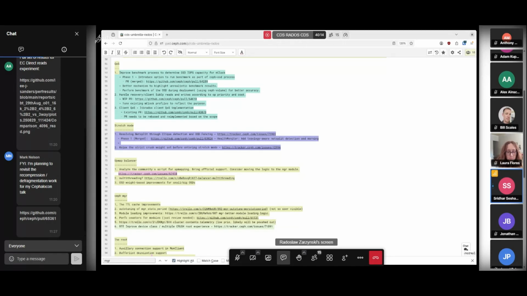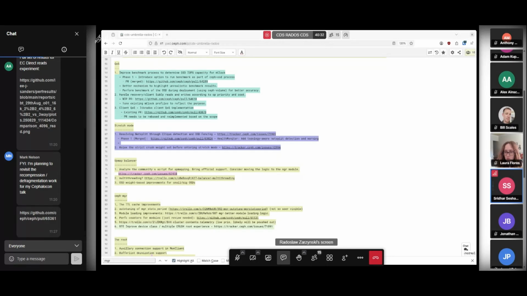We basically want to improve the benchmarking process and try to run it when the OSD is still in isolation, basically before adding it to the cluster.